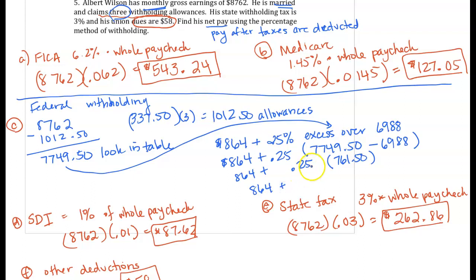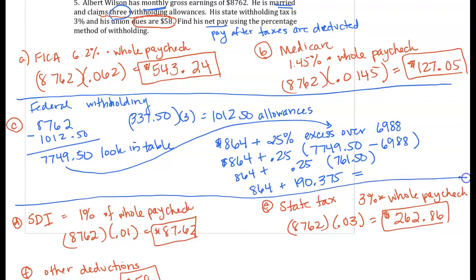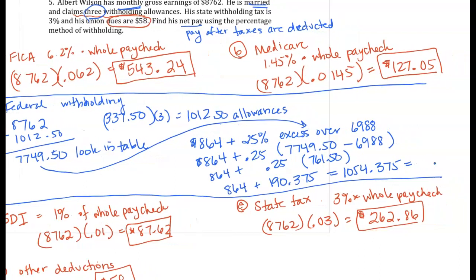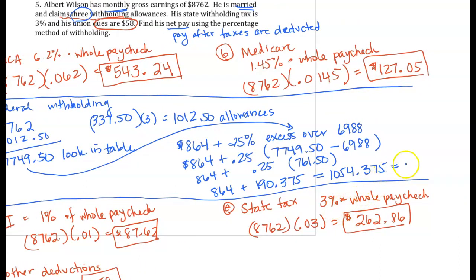That multiplication gives us 190.375. I'm not going to round my blue answer until I'm all the way to the end. Let me add the 864. I have $1,054 and 3.375. Now I'm going to round to $1,054 and 38 cents.